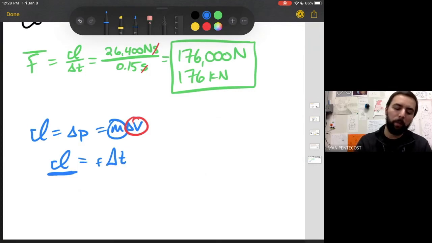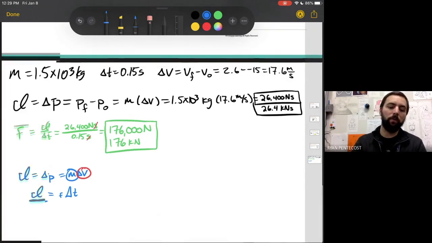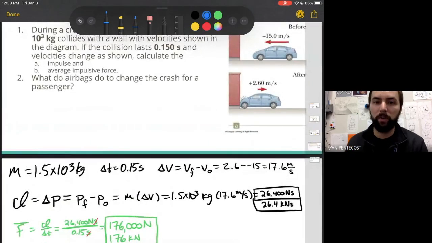Like we said, the impulse is going to happen. You've got mass, you've got delta V. But you can decrease the force felt by increasing the contact time. Actually making the crash last longer will decrease the force delivered to the driver, which is usually delivered by the steering wheel and the seatbelt.